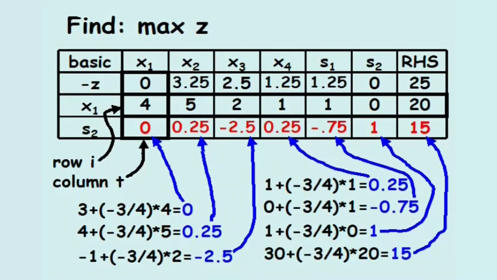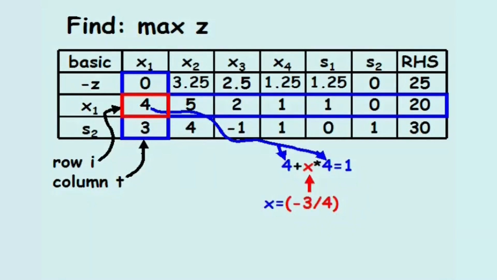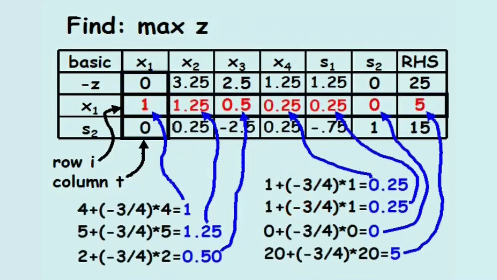Lastly, negative 3/4 of row I is also added to row I, such that the pivot element in row I, column T, equals 1. This value of 1 is part of the identity matrix required for the tableau in canonical form. The numbers are updated, and the pivot is complete.